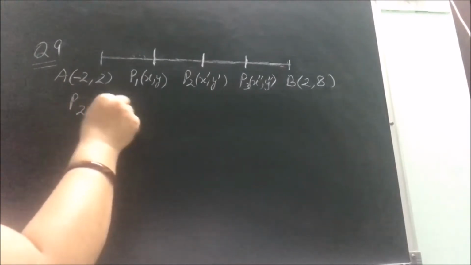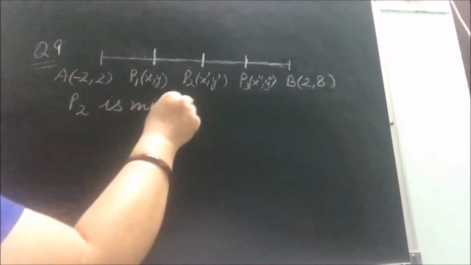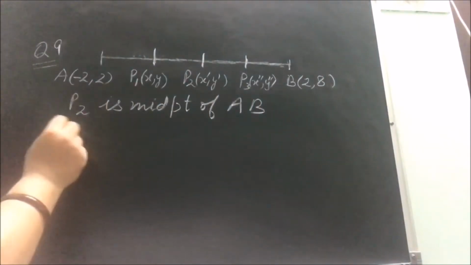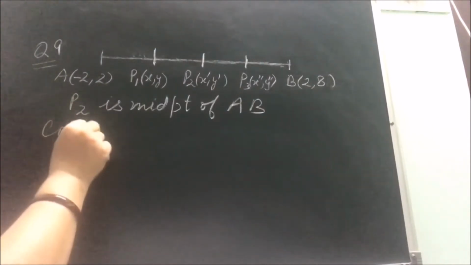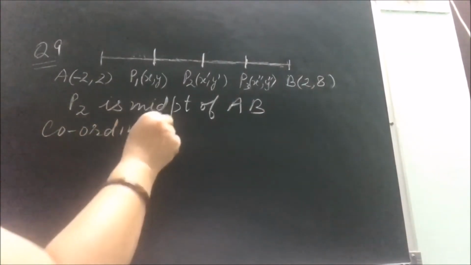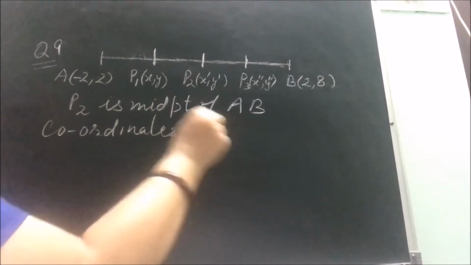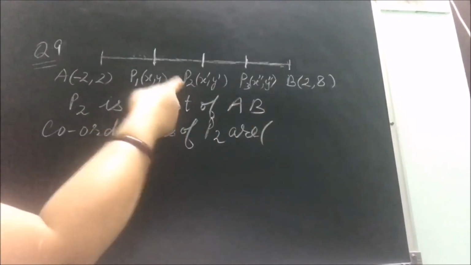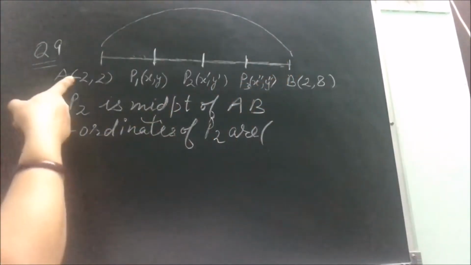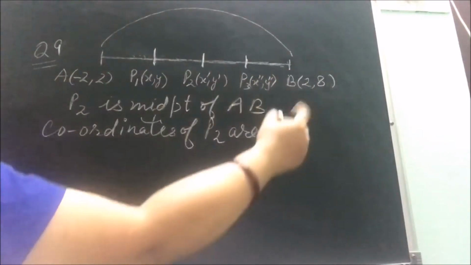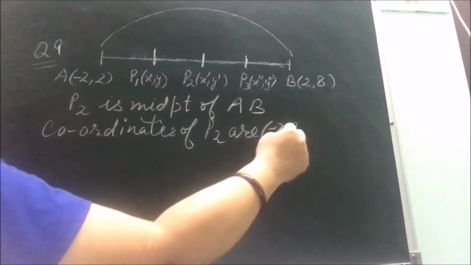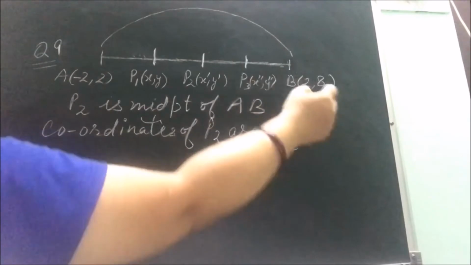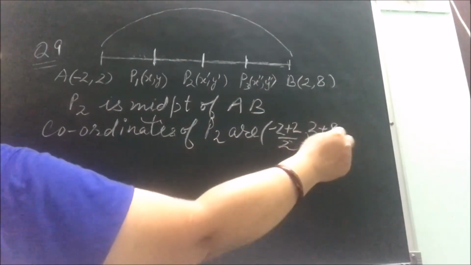Clearly, P2 is the midpoint of AB. So using the midpoint formula, the coordinates of P2 are x1 plus x2 divided by 2, comma y1 plus y2 divided by 2.